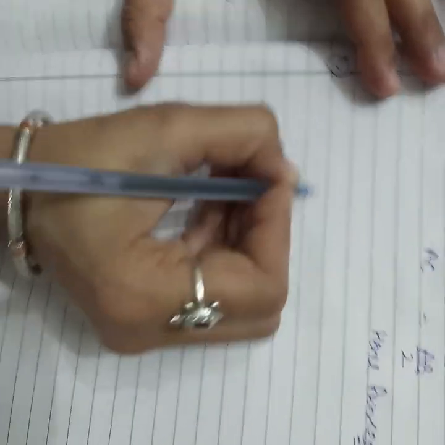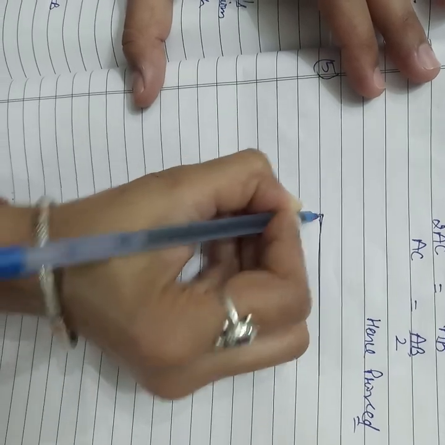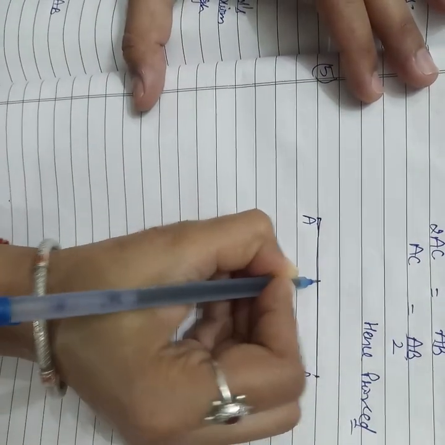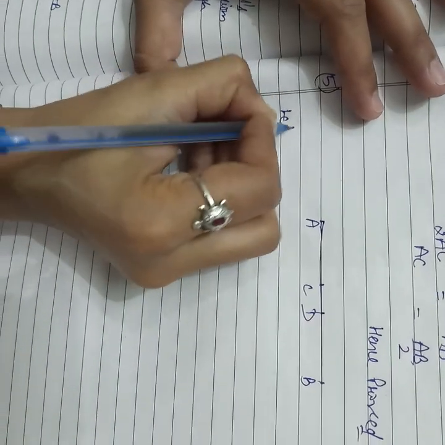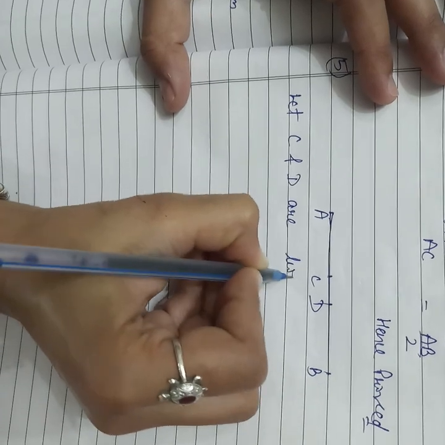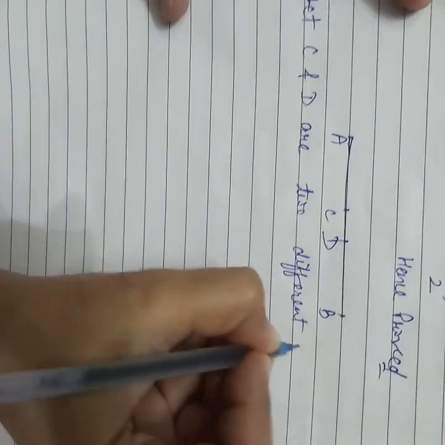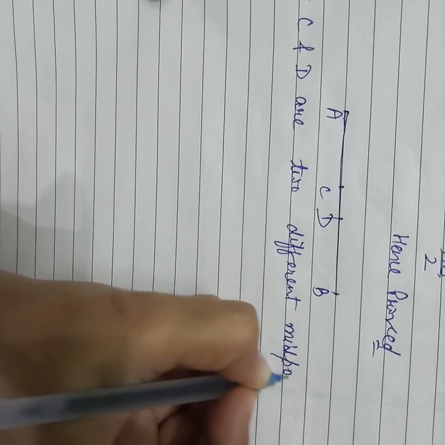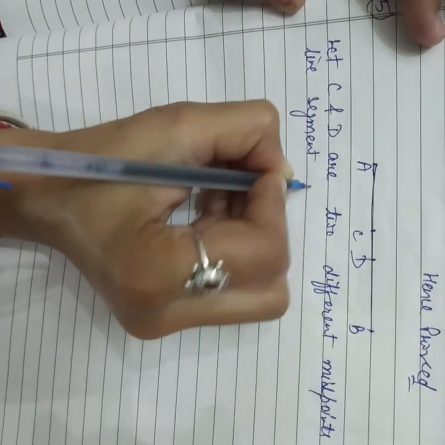For this, let AB be a line segment. Let C and D be two different midpoints of line segment AB.